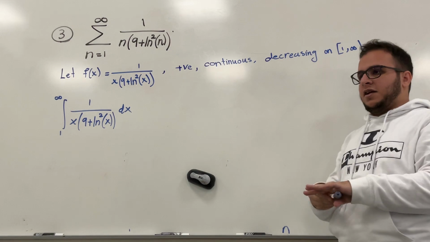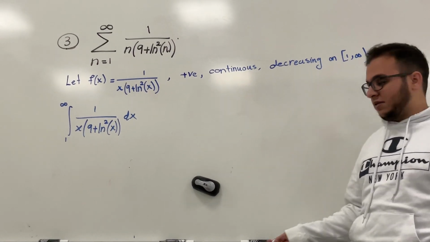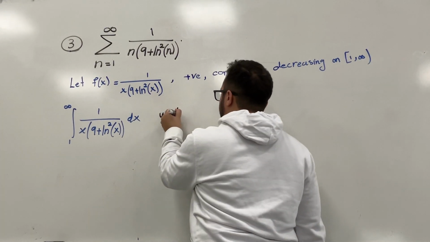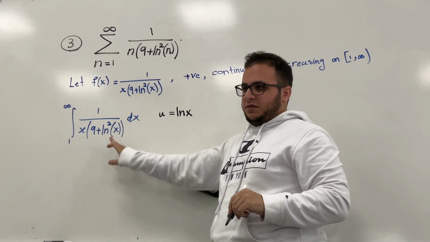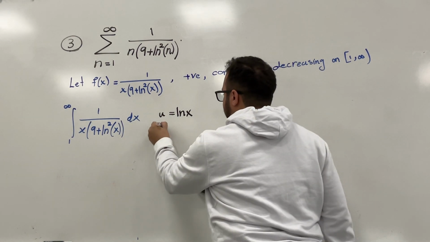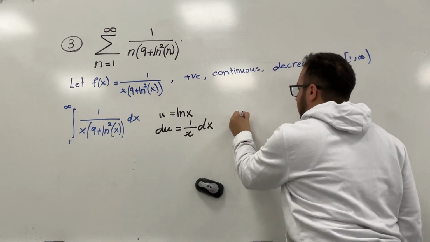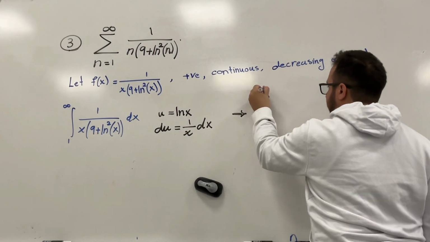If I differentiate it, I'll get a derivative in here as well. ln. Yes, that's it. Okay, so u equals ln x. Now, can you take ln squared? It wouldn't work. Okay, and then du is what? 1 over x dx. And then what does it become? Integration. Now, if you want to change the bounds, ln 1 is 0, ln infinity is infinity.